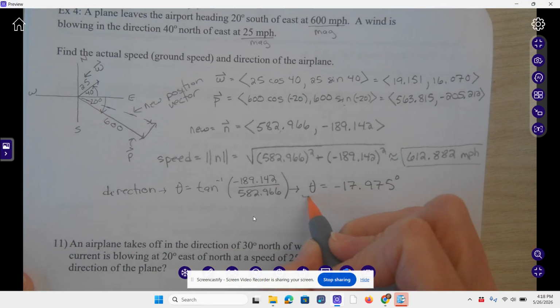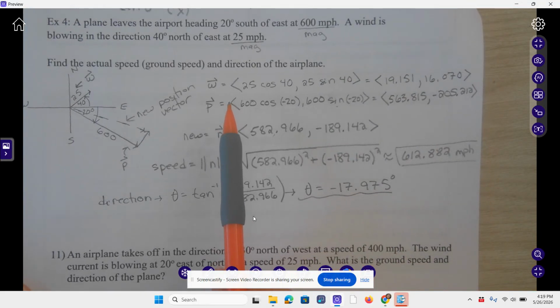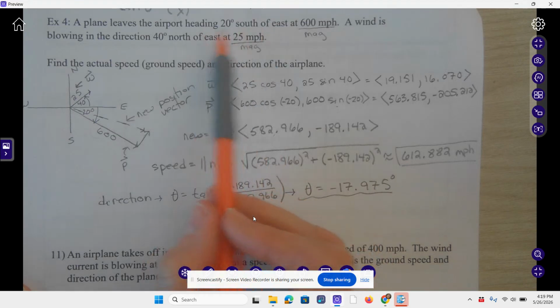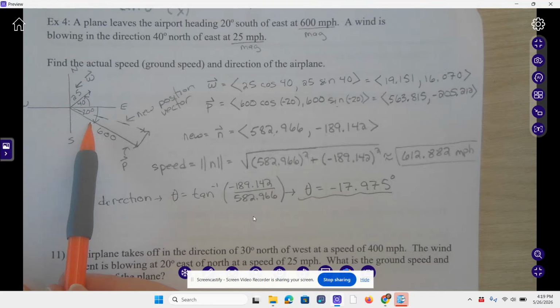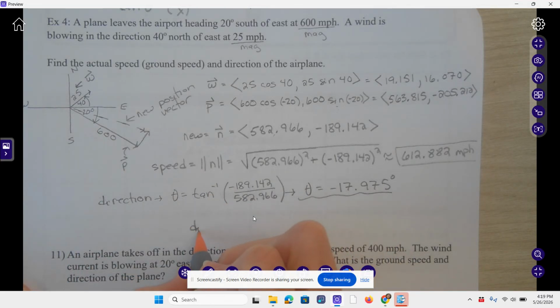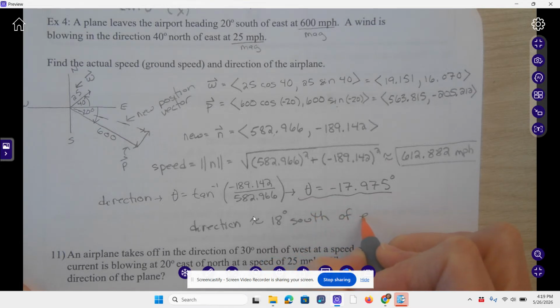Now, this is the angle, but in these problems, we don't want to write just the angle. We want to describe it like they're describing it. So this would be south of east. So the direction would be, approximately, I'm going to round that to 18 degrees south of east.